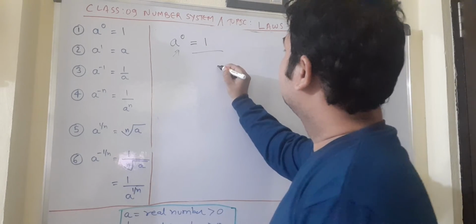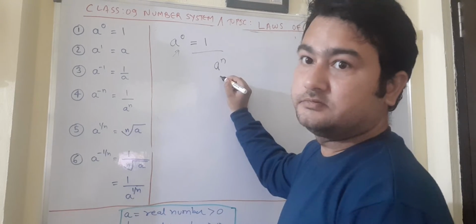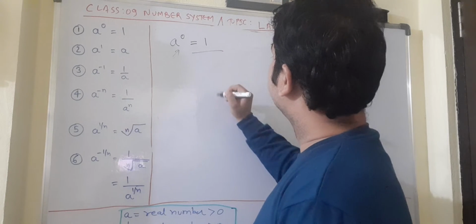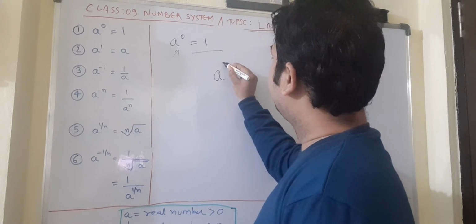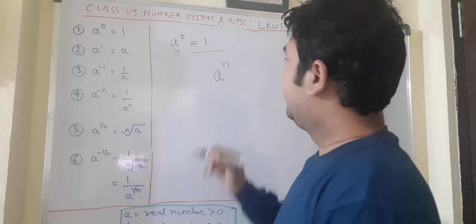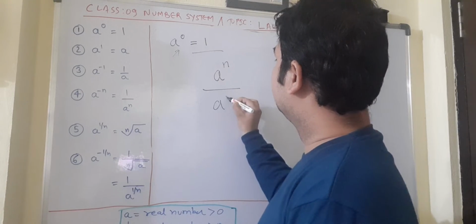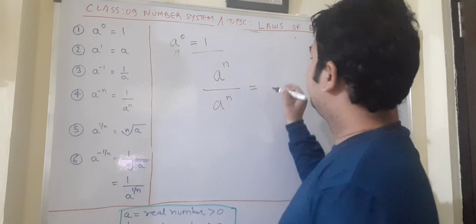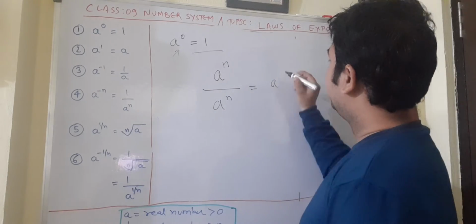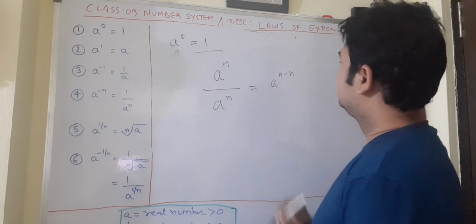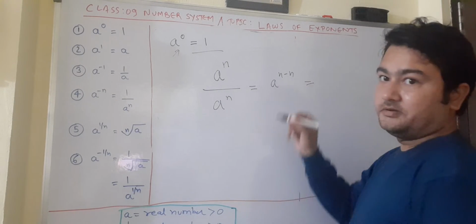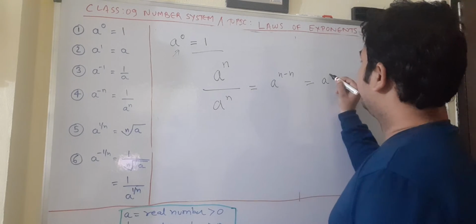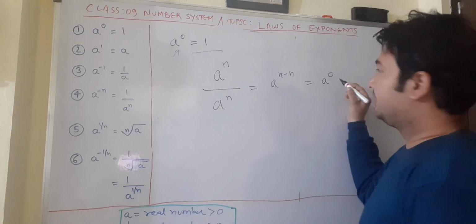If you have a to the power n, and you divide it by a to the power n, from the laws of exponents you have just learned, you will have a to the power n minus n, and anything subtracted from itself becomes 0. So n minus n will give you 0. This will become a to the power 0.